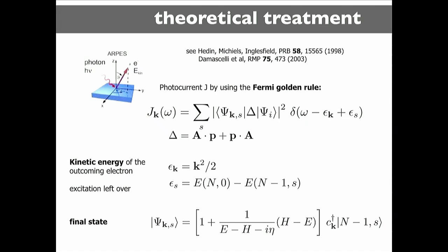The notation that I'm going to use throughout the talk is that n is the number of particles, 0 is the ground state, and S in this form just labels any excitation of the system, in this case with n-1 electrons. So the final state can be written in this form.